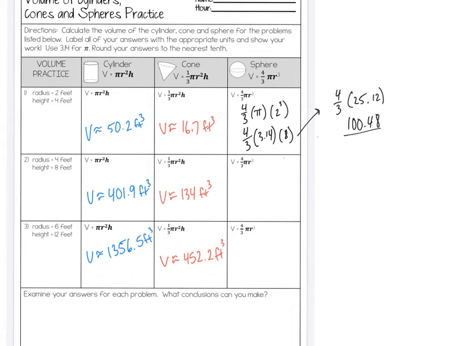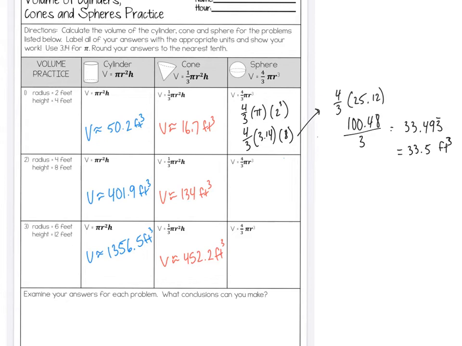So our final answer is 33.49, and then our 3 goes on forever. So let's round that to the nearest tenth. So this would be 33.5, and our label is cubic feet.